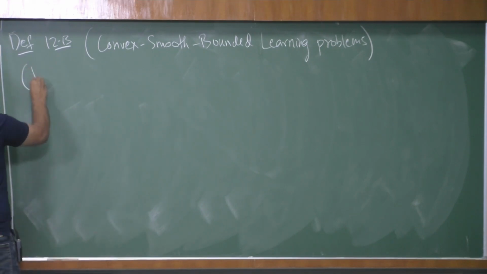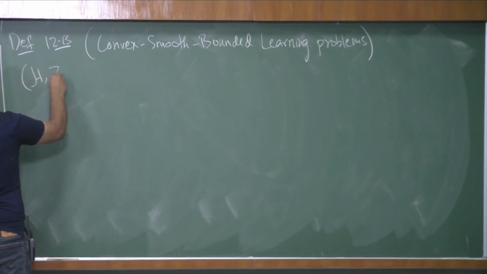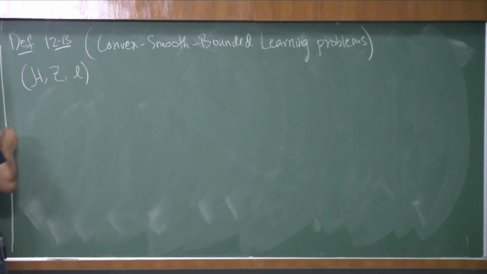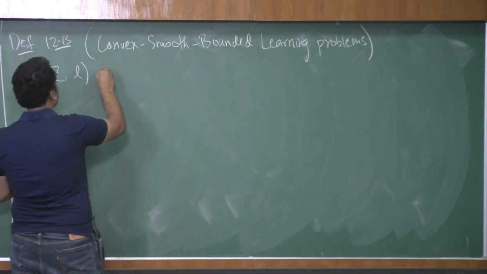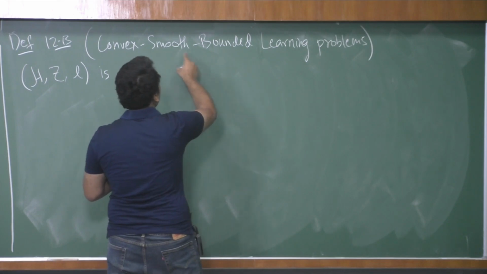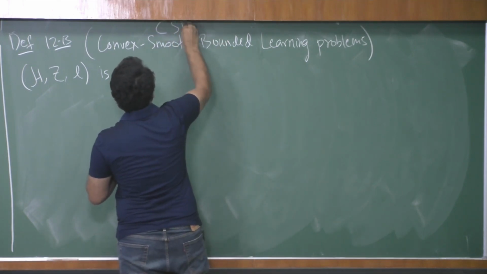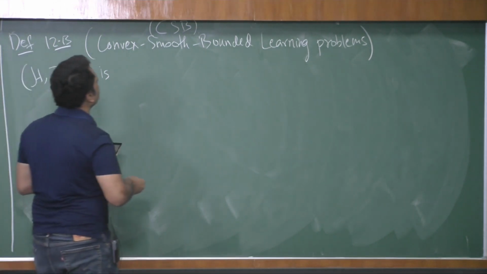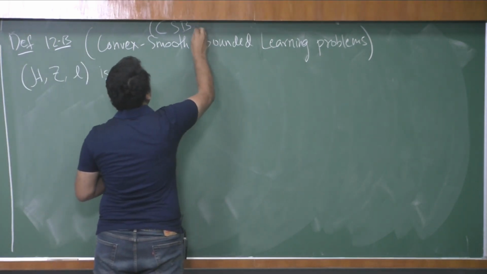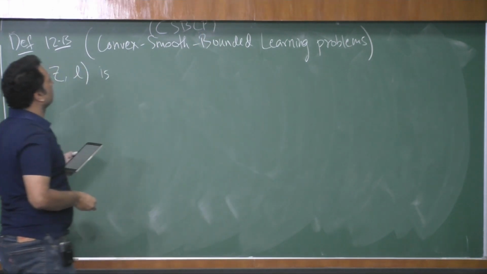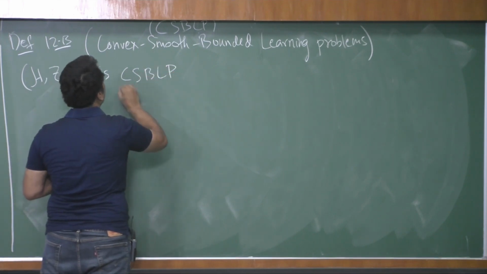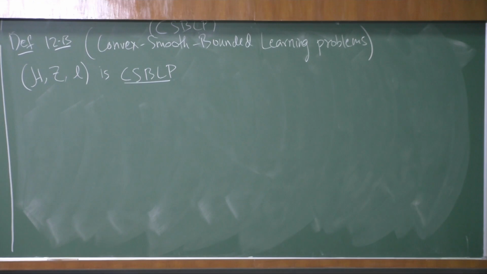As usual, we take the hypothesis class H, the set of samples Z, and the loss function L, and this defines our learning problem. Let us call this CSB in short, and the previous one was CLB. So this is a convex-smooth-bounded learning problem. We can also make it a learning problem with parameters.